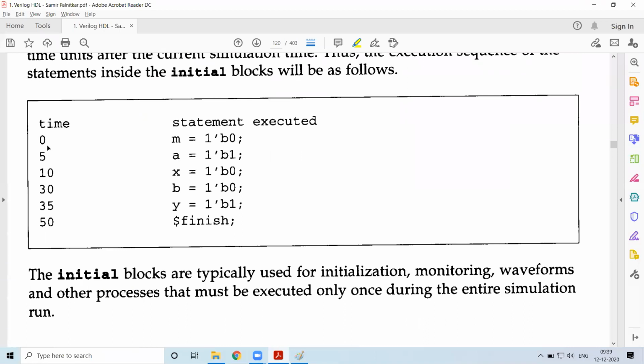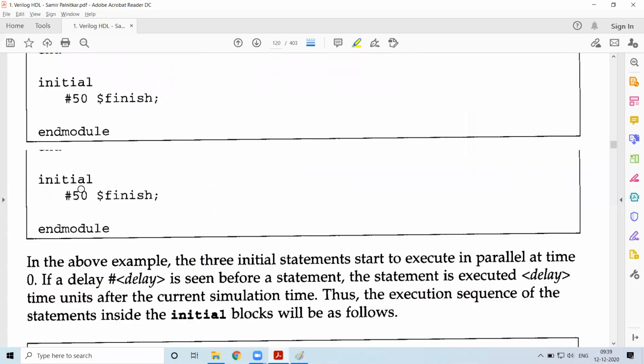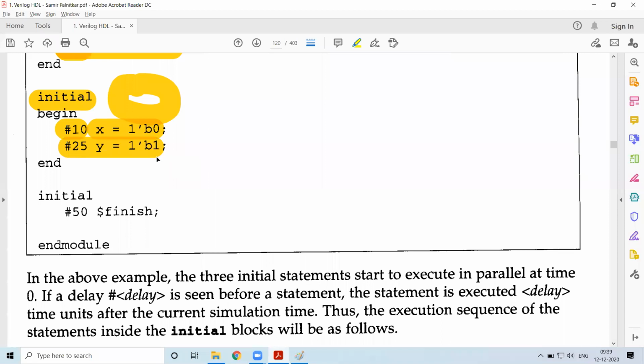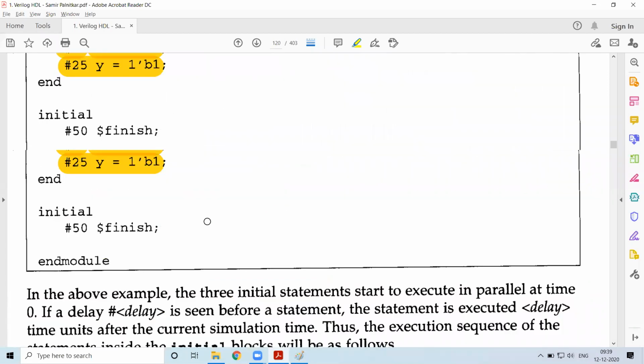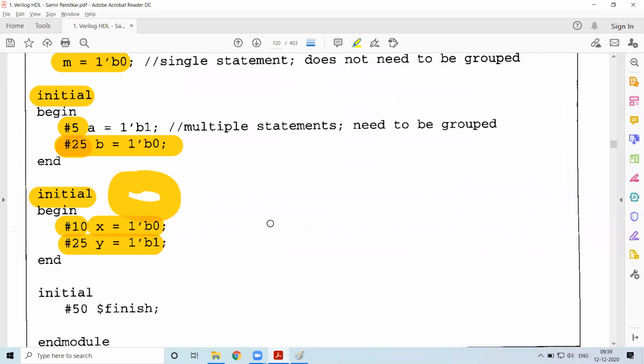So at 10 time units you have x equal to 0 executed, and after 35 time units we have the y statement being executed. You can see that all the initial blocks start their execution at time t equal to 0.